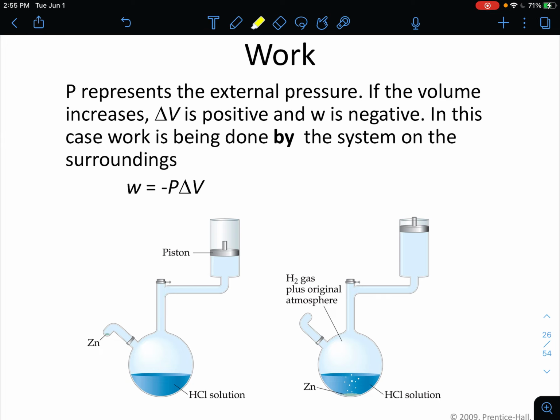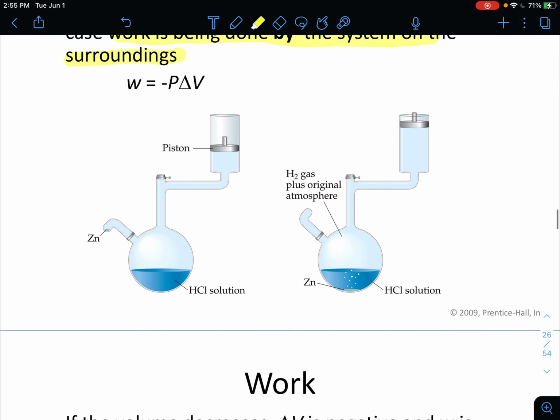So this is where we are, right? If the volume increases, delta V is positive and therefore W is negative. In this case, we would say work is being done by the system on the surroundings. And that makes sense, right? Gas generated in the system is pushing this piston outward farther into the surroundings.